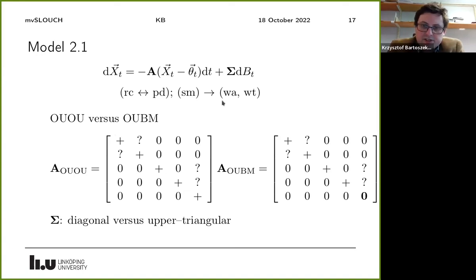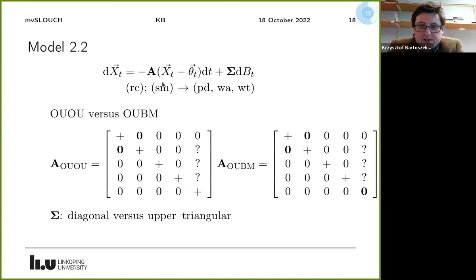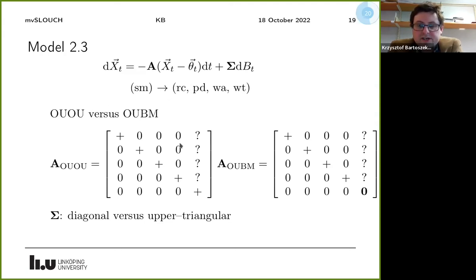Right, so we can formulate it in different ways. We have this one, where the ratio canals is not influenced by anything, but seed mass influences 3. Notice that we force these values to 0 and put a question mark here, or we can say the seed mass forces everything here.